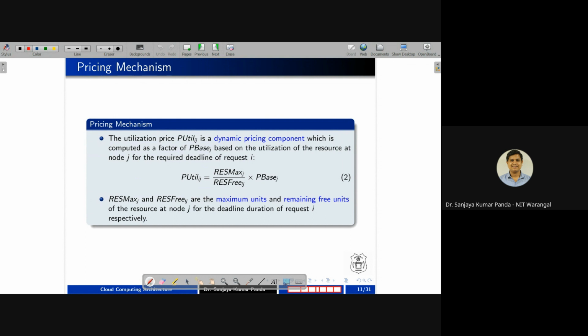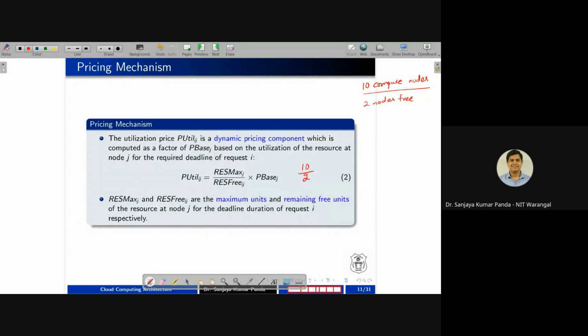Let us take a simple example. Suppose you have 10 compute nodes. You are a provider, you have 10 compute nodes. And out of 10 nodes, let's say only 2 nodes are free. So if you put in this formula, resource maximum is 10, resource free, the remaining resource that is free, is 2, and 8 are used by some users.